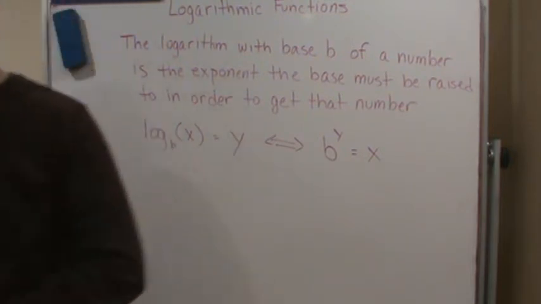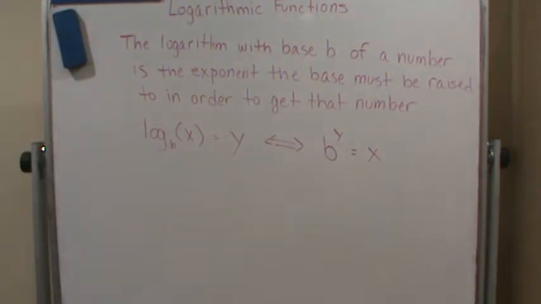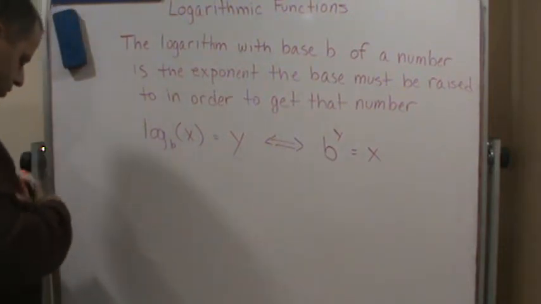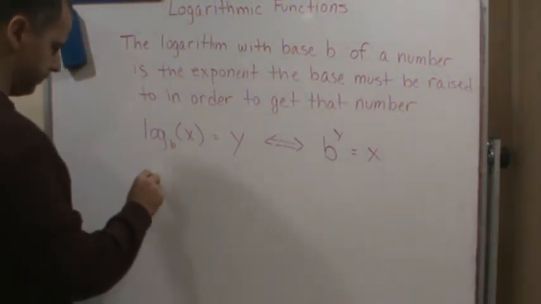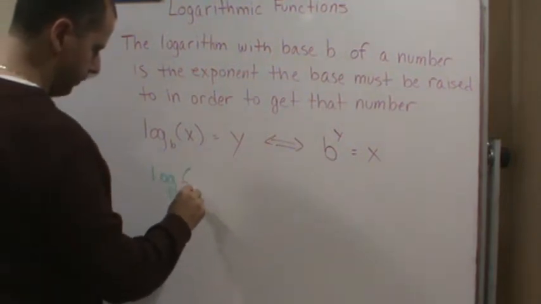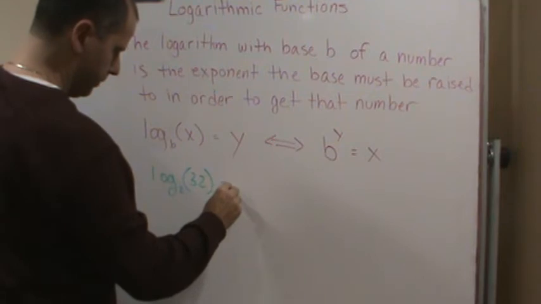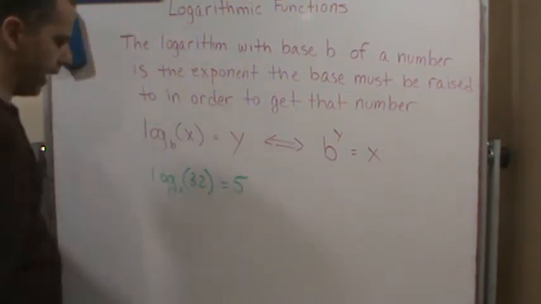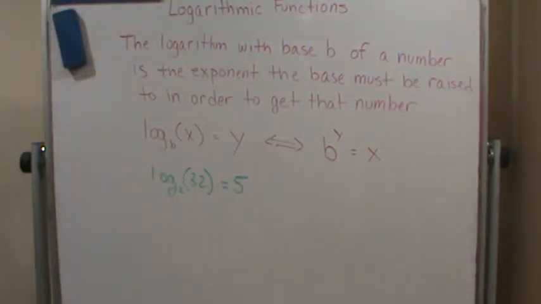So for example, if I give you the base 2 logarithm of 32 is 5, what does this mean?